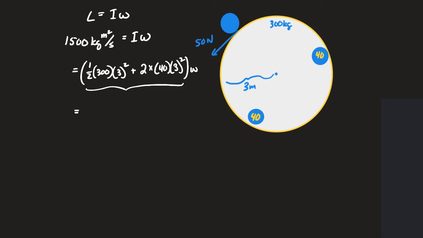So Jackson, did you get a number here? Yeah, the total rotational inertia, we got 2,070. 2,070, wow. And that's kilograms meters squared is the unit. And we have 1,500 kilograms meters squared per second as the angular momentum. So all that's left for us to do now is to find omega.